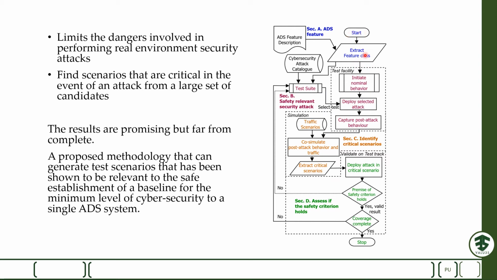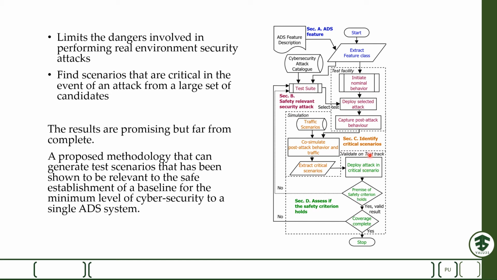It starts by extracting the information we can from the system under test, deploying it on a test track where we initiate it in nominal behavior and then attack it by some kind of attack on its sensors. The post-attack behavior is then captured and co-simulated with all the relevant traffic scenarios for that ODD, and then they are searched by a criteria to extract the critical scenarios.